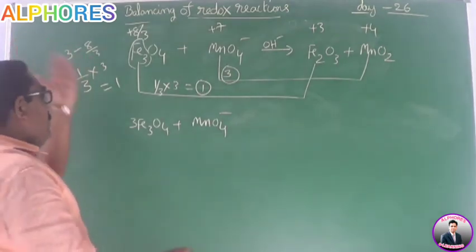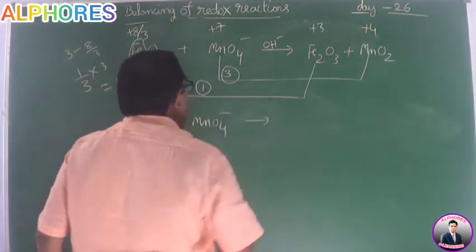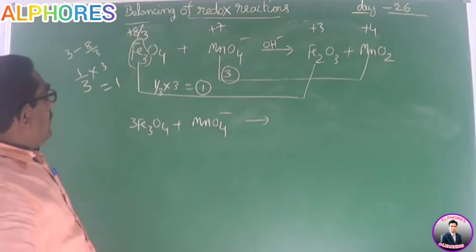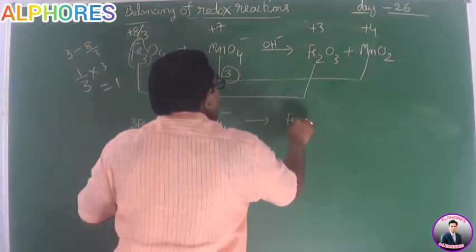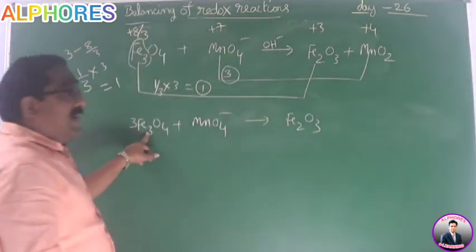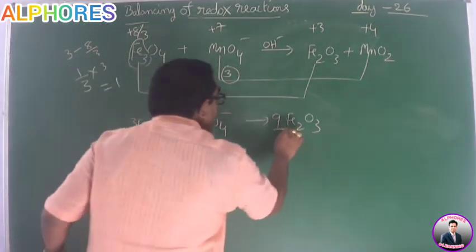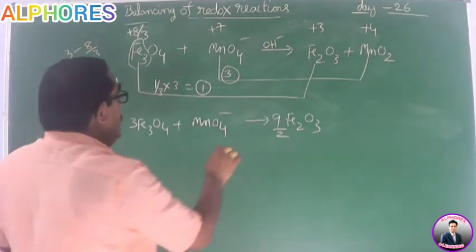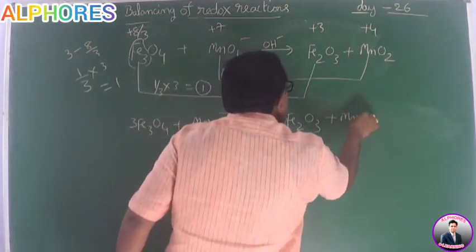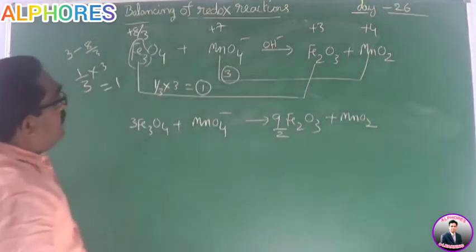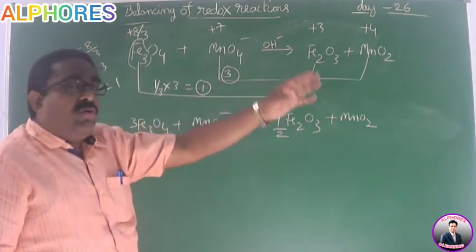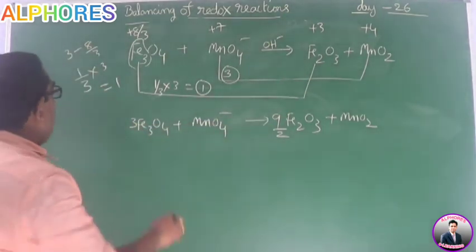Now let me balance the right side. Let me check what will happen. Here Fe2O3, 3 into 3, 9. If you write 9, it becomes 18, so you should write 9 by 2. And permanganate only 1, MnO2. Now let me multiply throughout with 2 to remove the fraction.